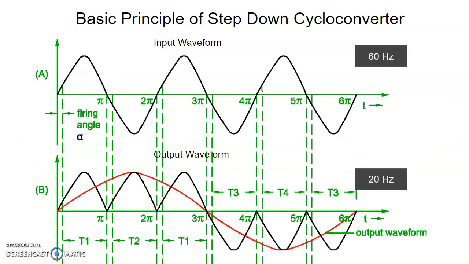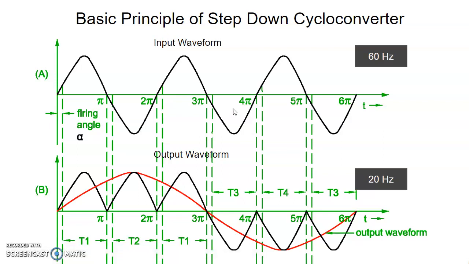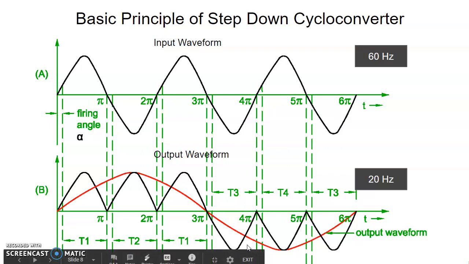The basic principle of step-down cycloconverter. Let us assume that our input frequency is 60 Hz, and this is the positive half cycle and this is the negative half cycle. So we have one positive, one negative, one positive, one negative. When converted into a step-down cycloconverter, the first three half cycles are converted to the positive direction, and all the next three cycles are converted into negative half cycles.